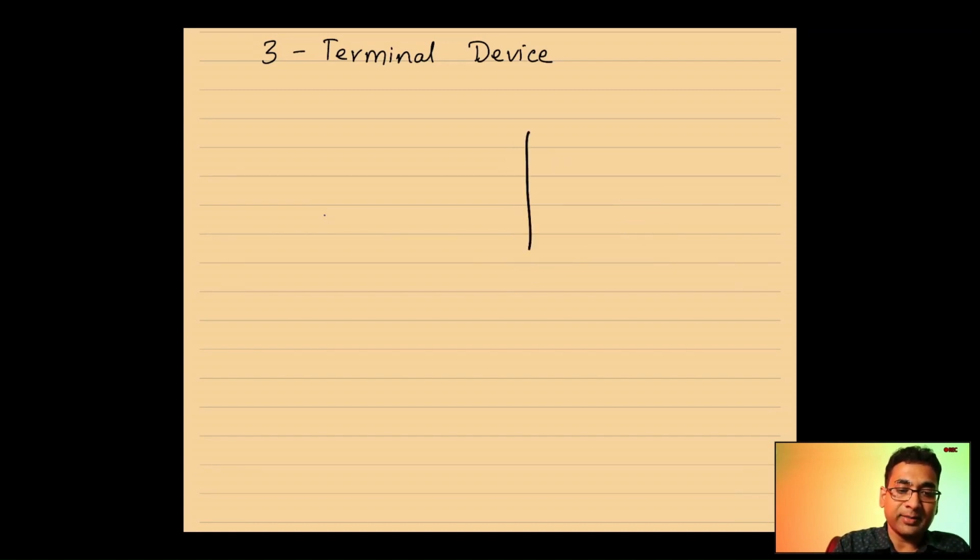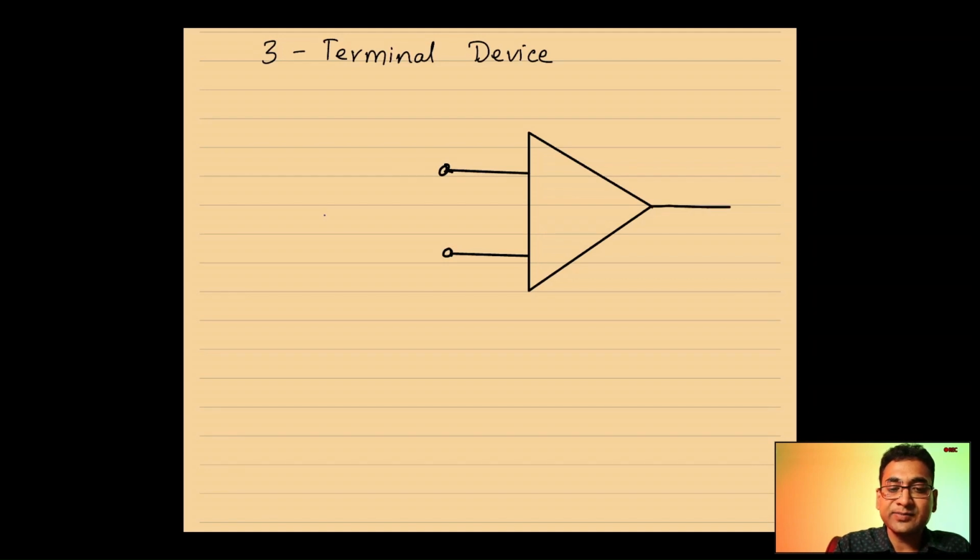The symbol for an op-amp is simply a triangular form with 2 input terminals. Remember, this is a 3-terminal device. 2 of the 3 terminals are input terminals. One of the terminals is the output terminal. Let's name the output terminal first. I use Vout or VO interchangeably.